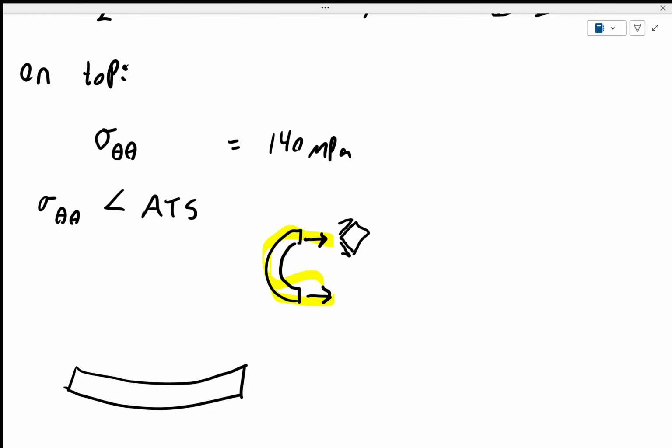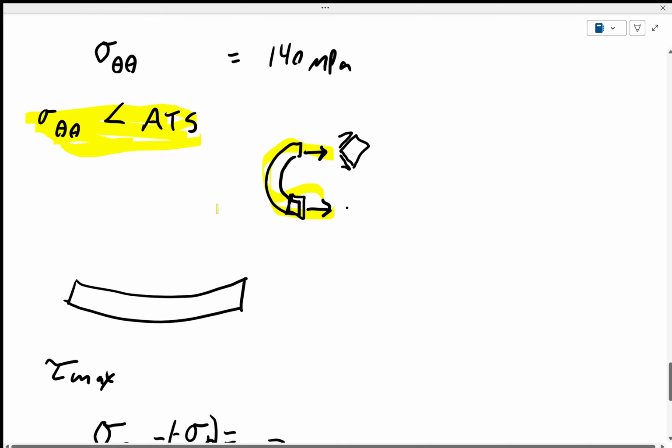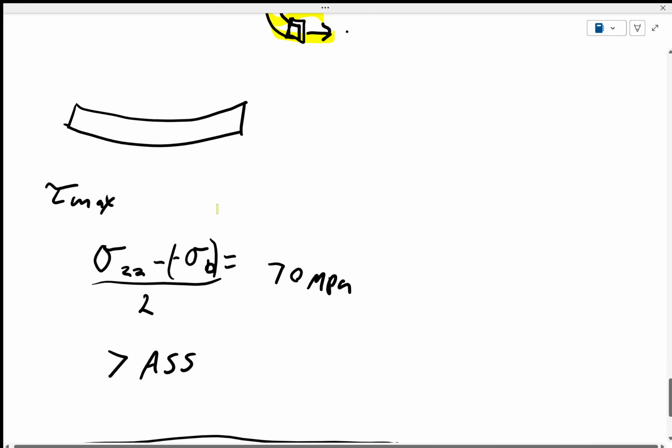If we imagine that as tension, as I drew here, and imagine this is our element being stretched from that hoop stress, then we can take that hoop stress directly and compare it to that 150 ATS, and we see that it's not going to fail due to the hoop stress alone acting as a purely tensile stress.